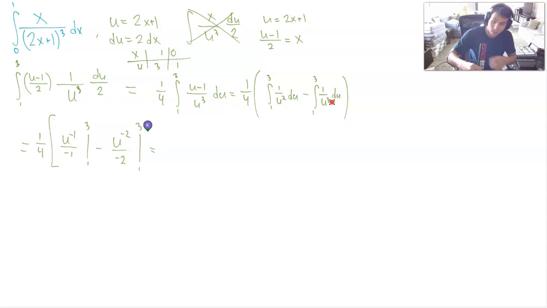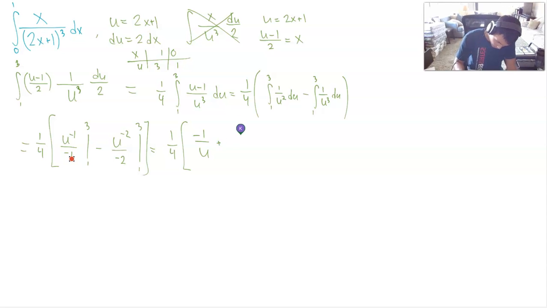And real quick, let me write things out a little bit nicer here. This is the same thing as 1/4 times negative 1 over u, and then plus 1 over 2u squared. And now we evaluate this whole thing from 3 to 1.